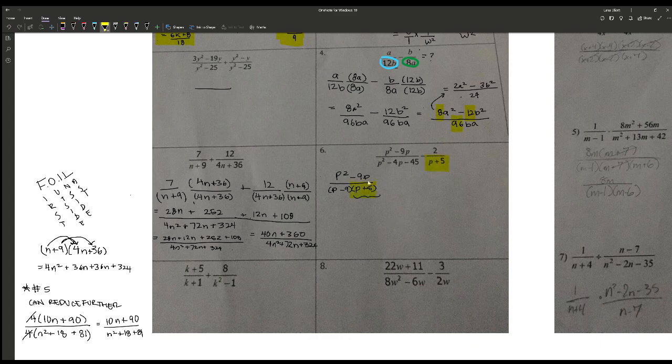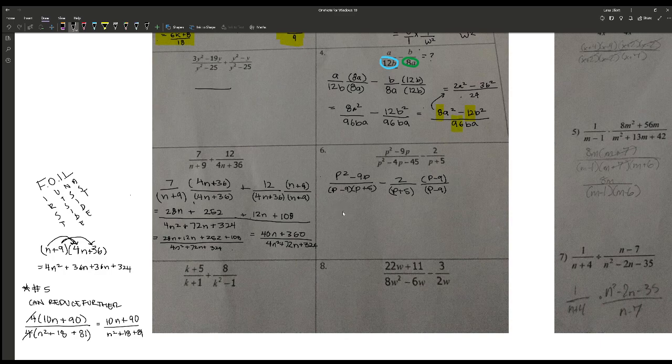P plus 5 and p plus 5. That means we don't need to multiply this original big fraction by p plus 5 because it is already in the denominator. All that needs to be done is multiply this fraction here by p minus 9 because that is the component that it doesn't have. So that is going to look like 2 over p plus 5 multiplied by p minus 9 over p minus 9.